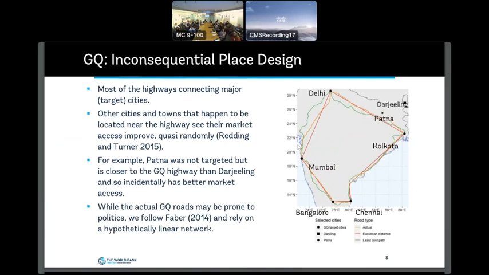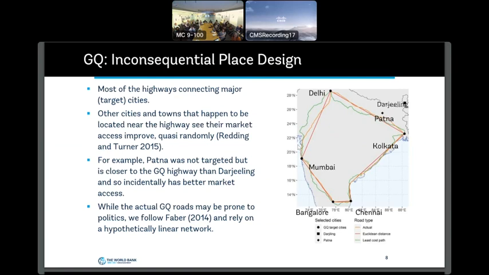So how does this help us with endogeneity? The idea is that the Golden Quadrilateral is kind of an inconsequential place design, in the sense that Kolkata and Delhi were targeted, their big cities, so the roads were built largely to link these two points and beyond.